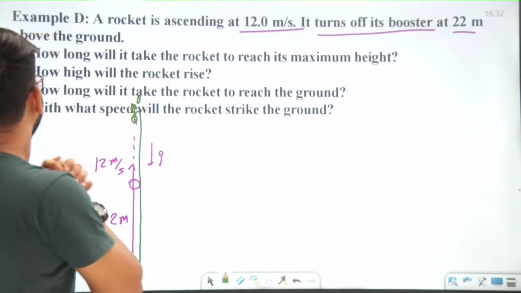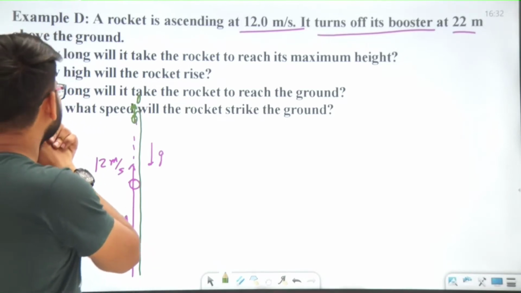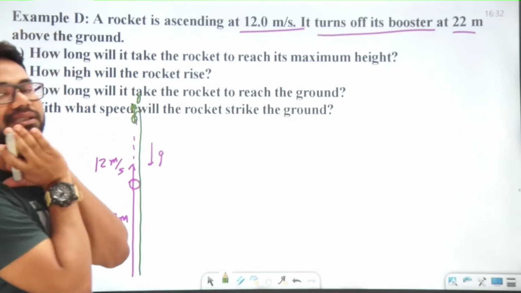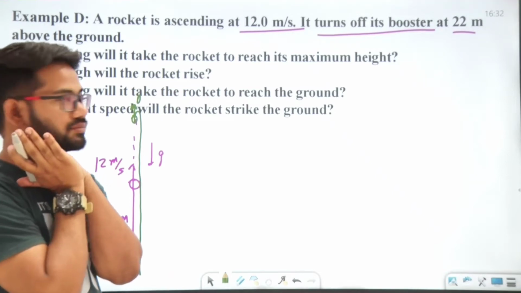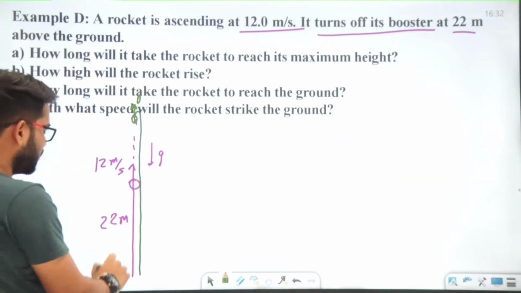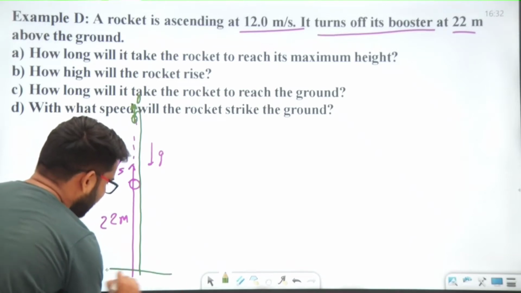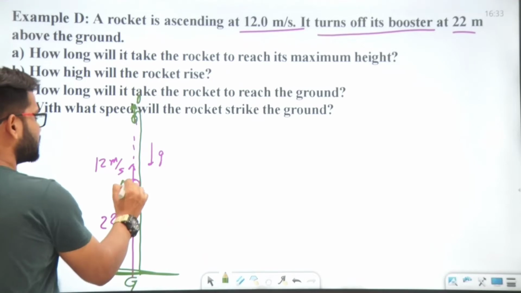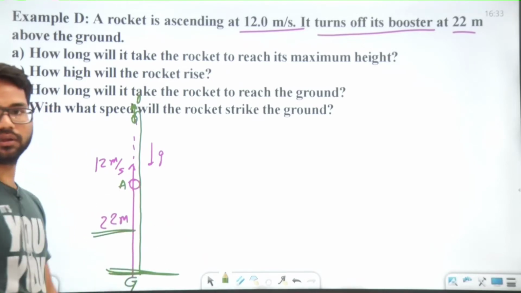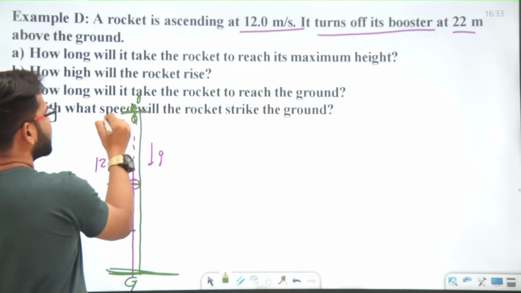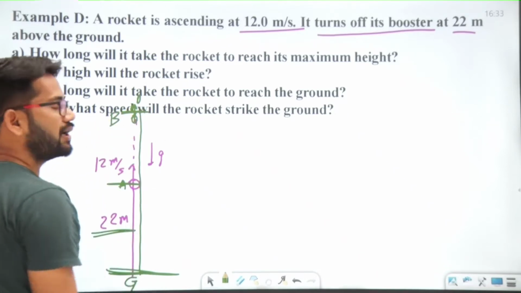Now in part A it has asked how long will it take the rocket to reach its maximum height. So if we say this is the ground, and this was the position A at 22 meters, and we have to look from A to this maximum position, we can say B. We have to find out this time.